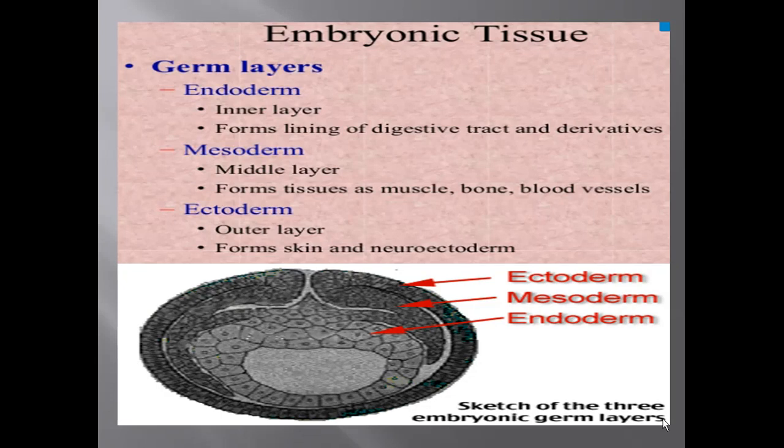It's endoderm, the inner layer or center layer, and in the future it forms the lining of the digestive tract. While the mesoderm is the second layer or the middle layer, and forms tissue such as muscle, bone, blood vessels. Ectoderm is the outer layer, and it forms the skin and neuroectoderm.